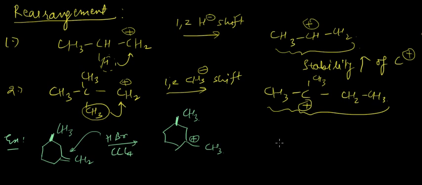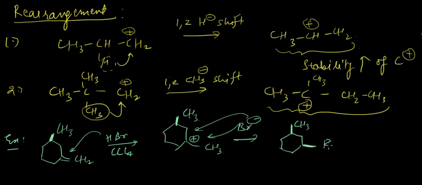Then after Br minus attacks, either from above the plane or from below the plane, we would find something like this. If Br attaches above the plane, it would be something like this. If it attaches below the plane, it would be something like this.